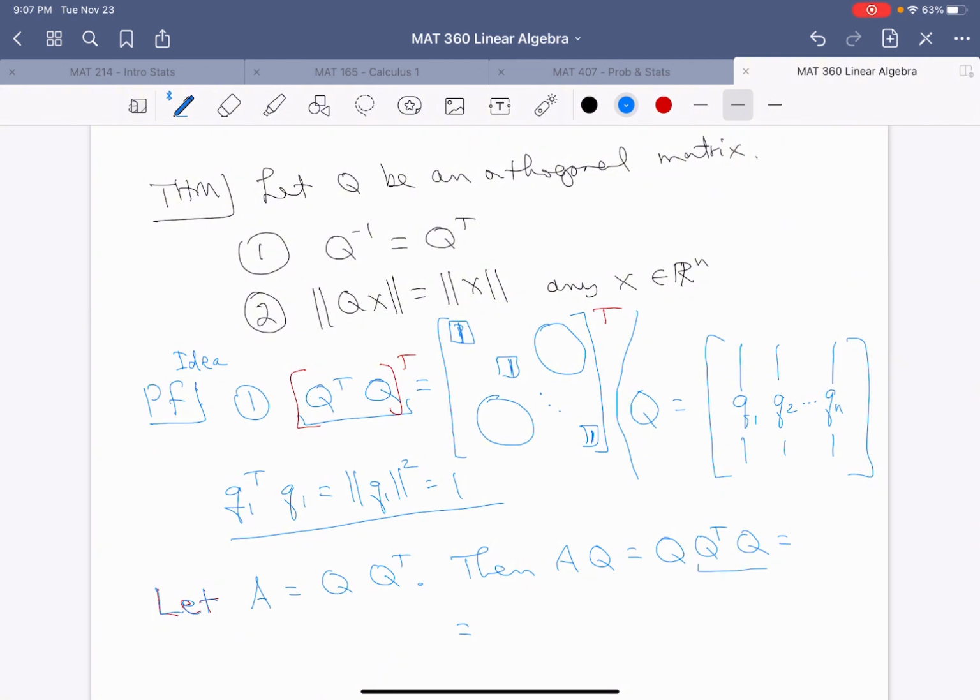If we group together the Q transpose times Q, we've already shown that that's the identity. So this is equal to Q, because what I've grouped together is the identity. So this implies that A is the identity matrix.